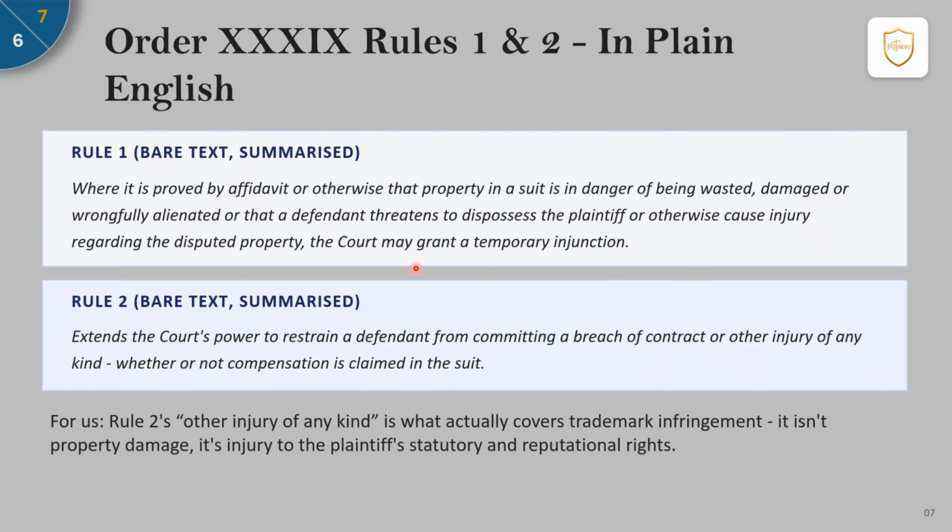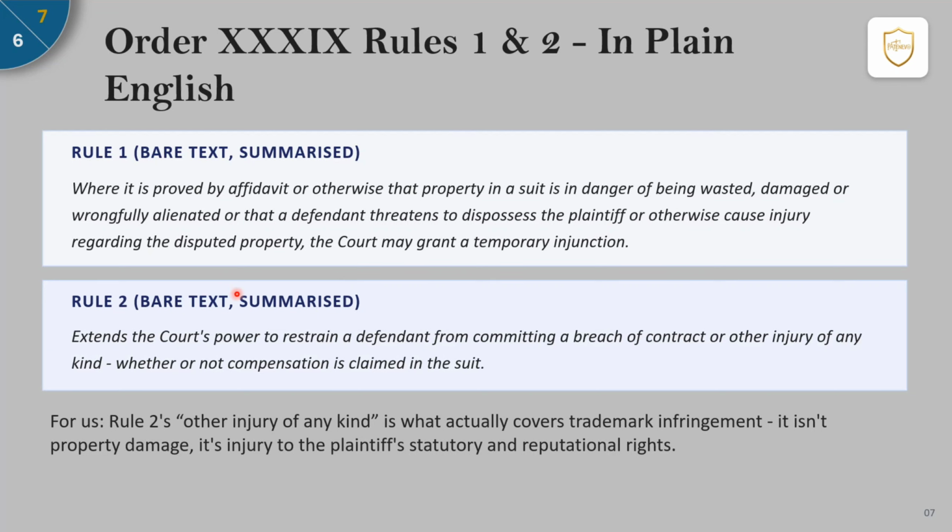Notice that this rule was originally drafted with a physical property dispute in mind, think of a land or a building or any tangible asset.